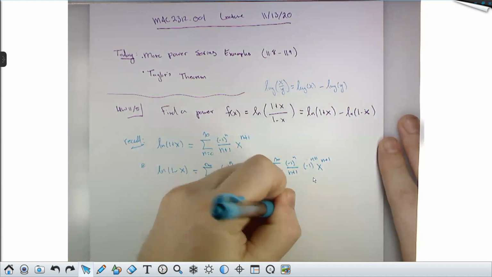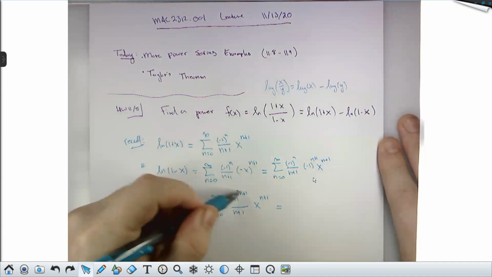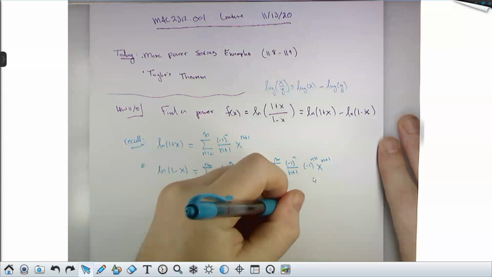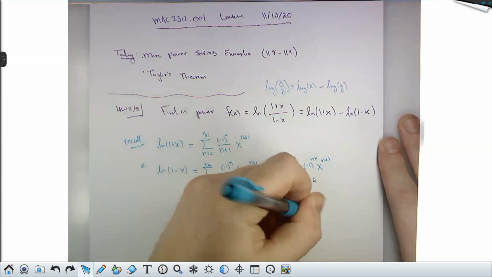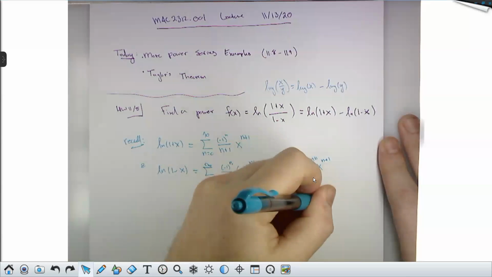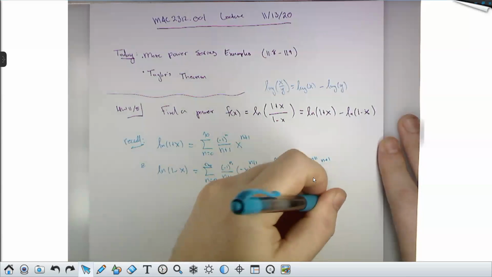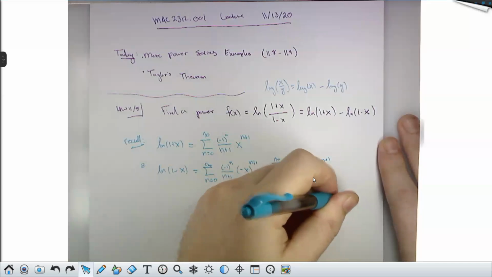And since 2n plus 1 is always odd, negative 1 to the 2n plus 1 is just negative 1, which can come outside the series as a negative like that. Giving us this.